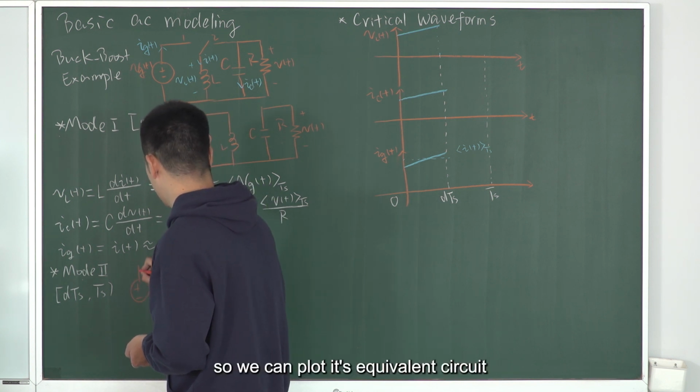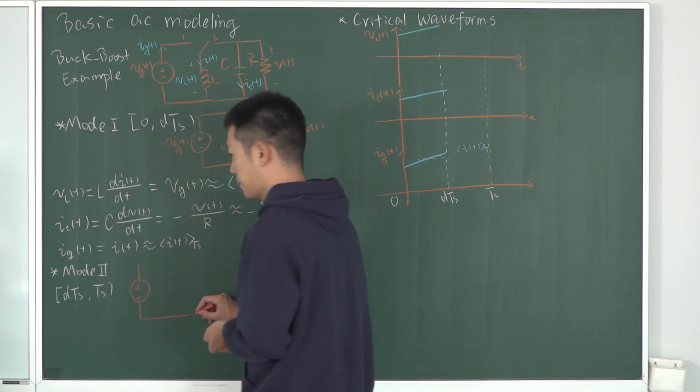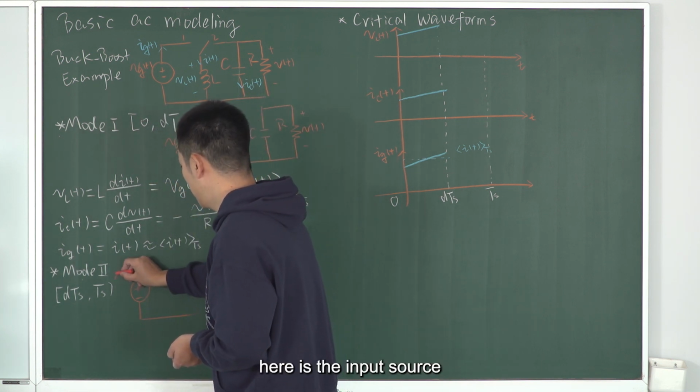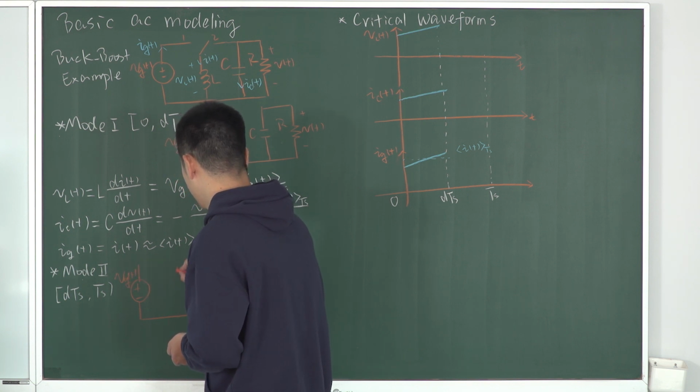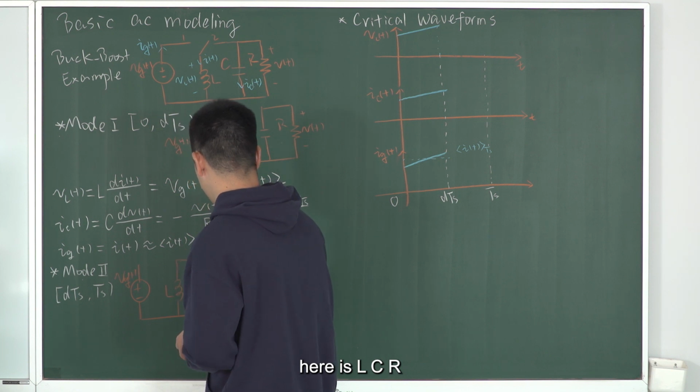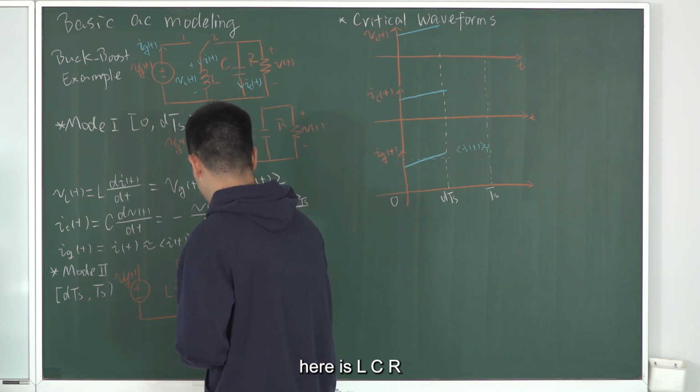So we can plot its equivalent circuit. Here is the input source, here is L, C, R.